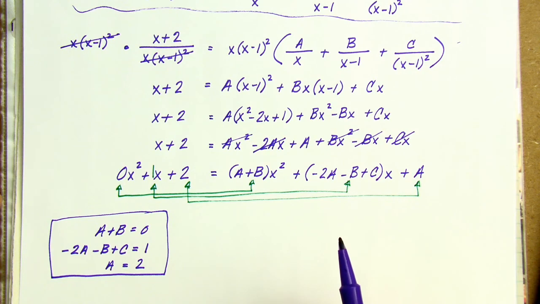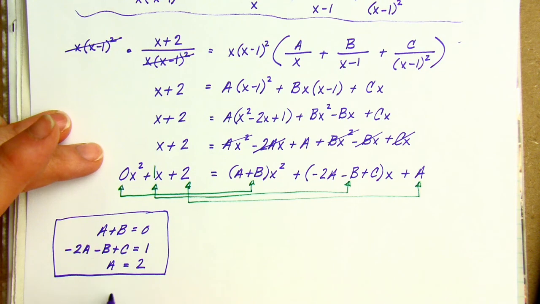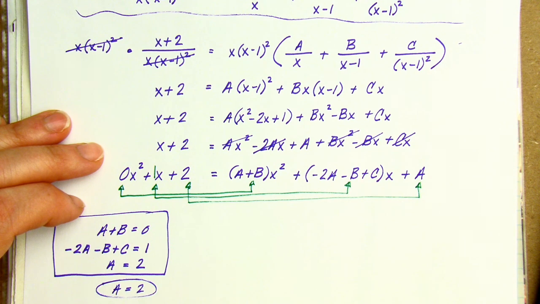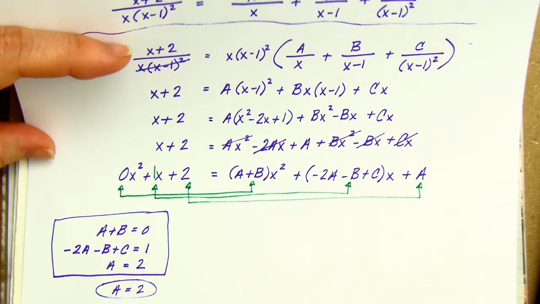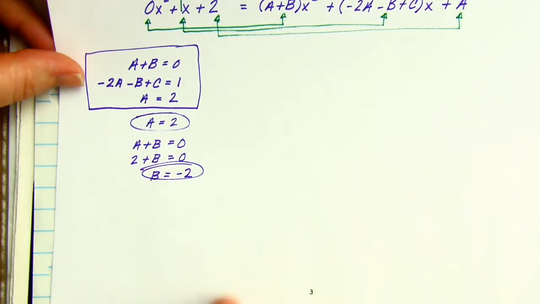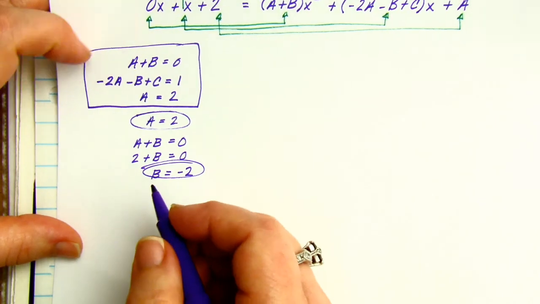Well, a plus b equals 0, and a is 2. So I'm just going to circle a is 2. A plus b equals 0. Well, 2 plus b is 0. That means b is negative 2. Now I know what a and b are, I can find c. This system isn't too terrible to solve. We don't have much to do with it other than substitution.